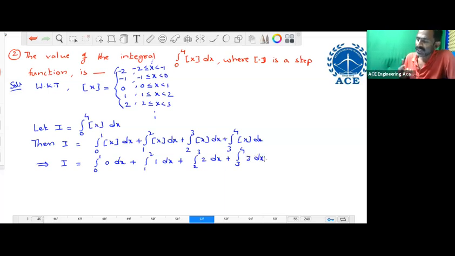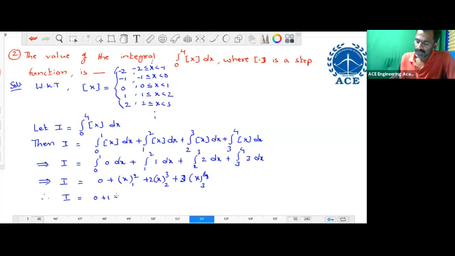We know the function, we can integrate directly, which implies I equal to 0 plus x from 1 to 2, plus 2 into x from 2 to 3, plus 3 into x from 3 to 4. Therefore, I equal to 0 plus 1 plus 2 plus 3 equal to 6.